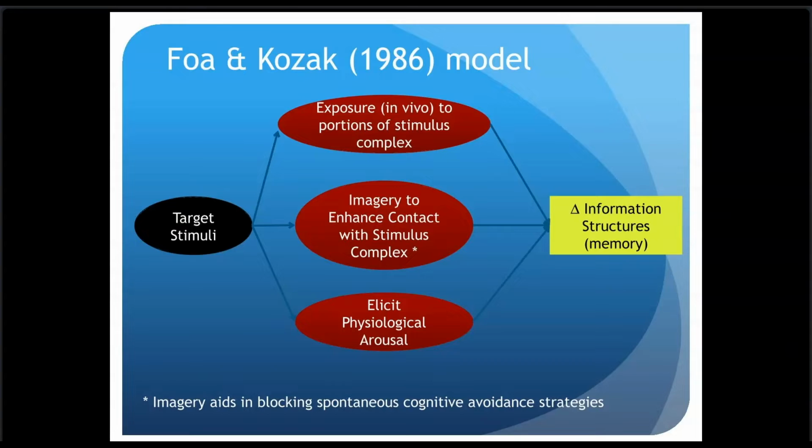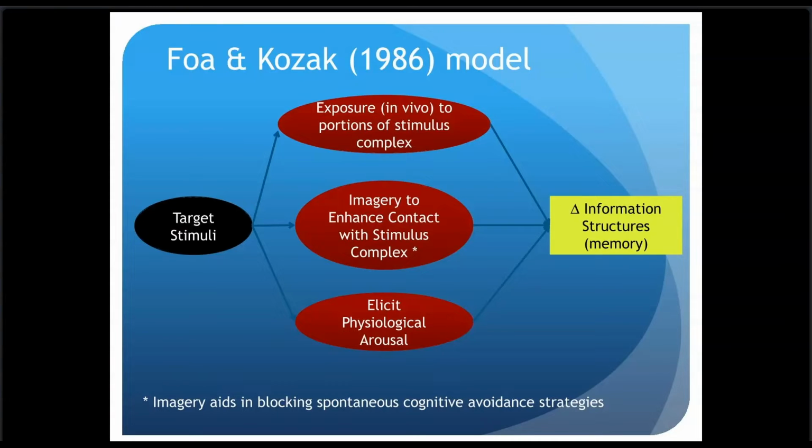In the meantime, though, coming back to the Foa and Kozak model, this has been the framework that has been really the dominant way of conceptualizing anxiety reduction now for close to 40 years. And with that has come a little bit of a reputation that we could use to help explain why some people feel hesitant about doing exposure.